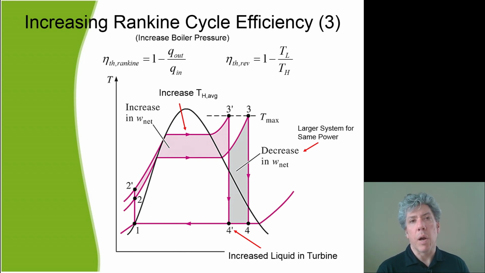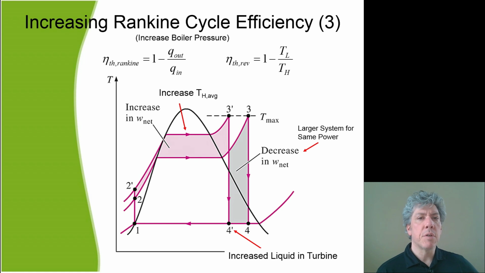And so we end up with a larger, more costly system, as far as materials go, for the same power output essentially. Now that's not really so bad because these installations are most frequently in either extremely large ships where you don't care so much what the weight of it is, or installations on the ground where you're just setting it on concrete. And it doesn't matter. The biggest difficulty here is the increased liquid in the turbine outlet.